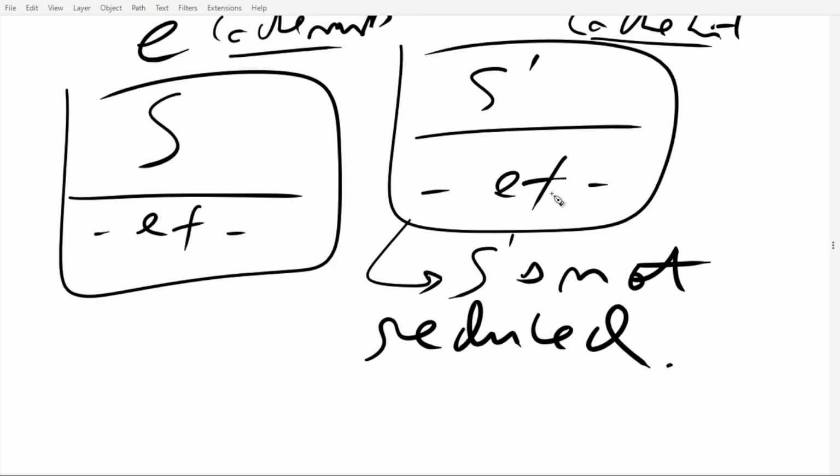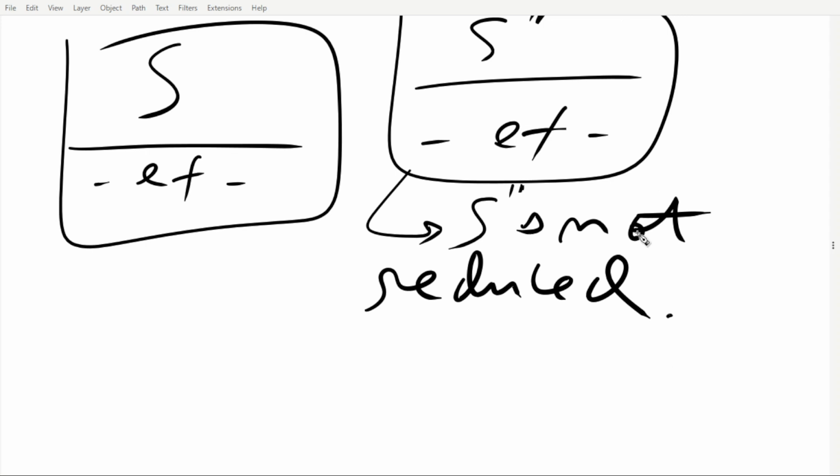So next what we can do is, better I should relabel it as S double prime, because S prime is the final schedule. So it is not reduced.